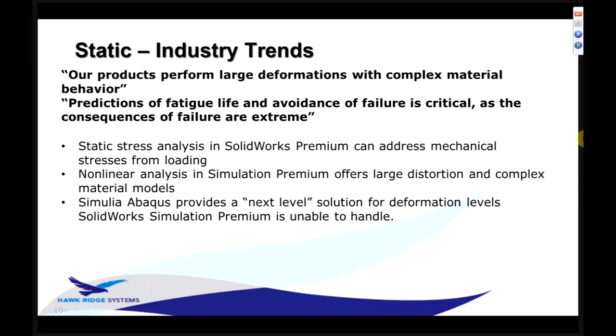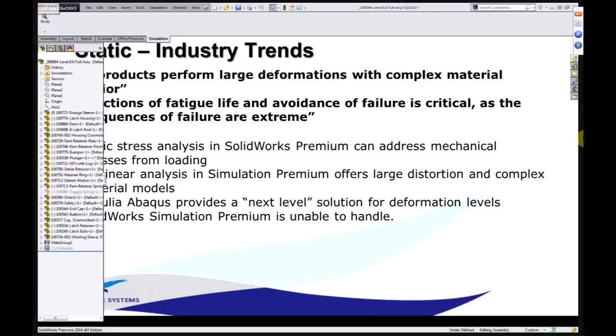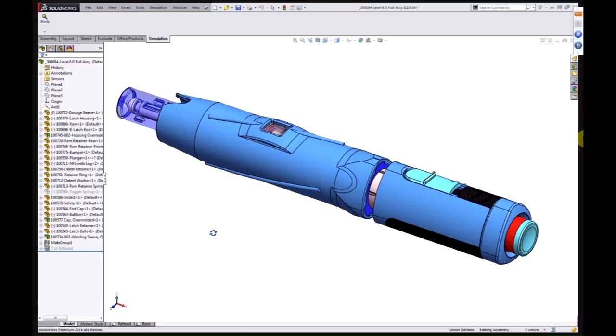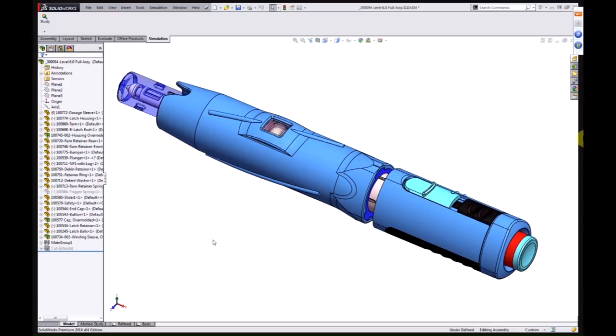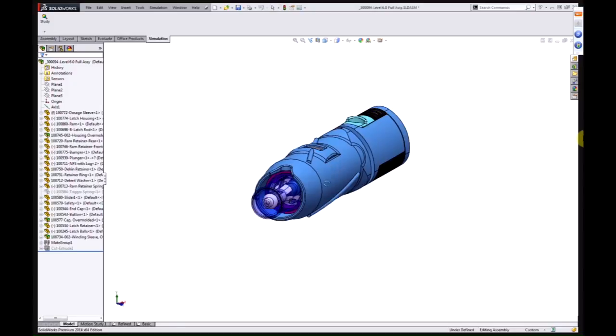Okay, so the first one we'll look at here is a Mediject insulin pen. Diabetics can inject themselves with insulin, a nice, easy to use tool.